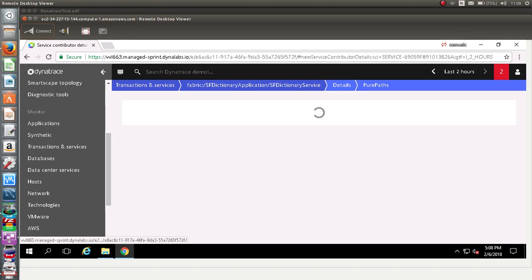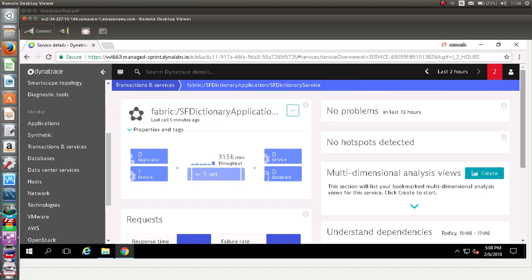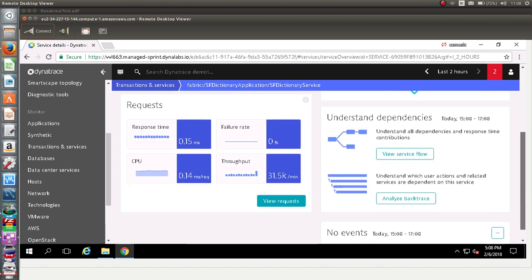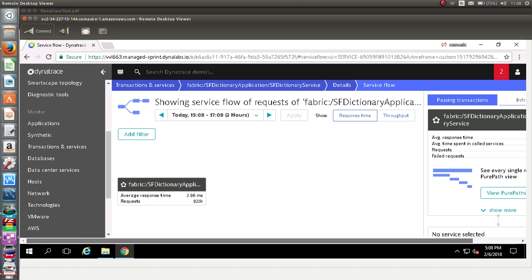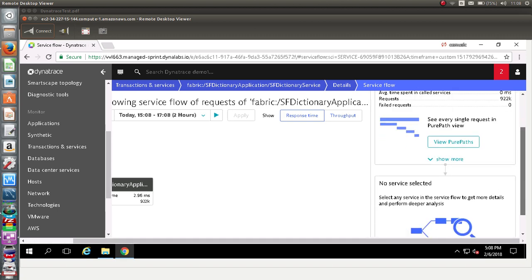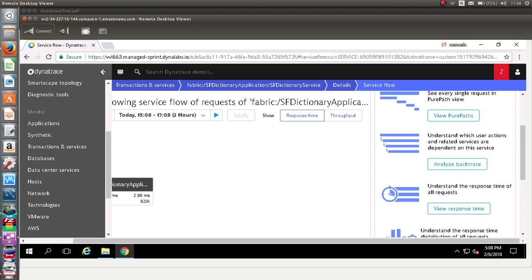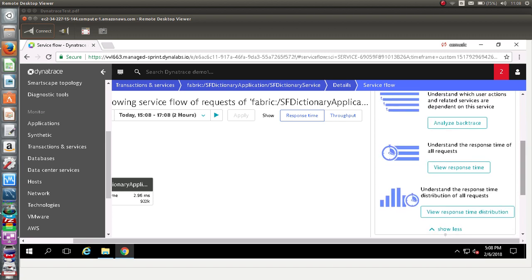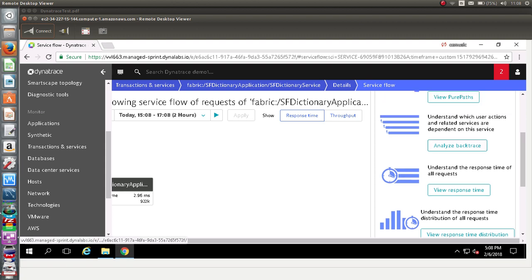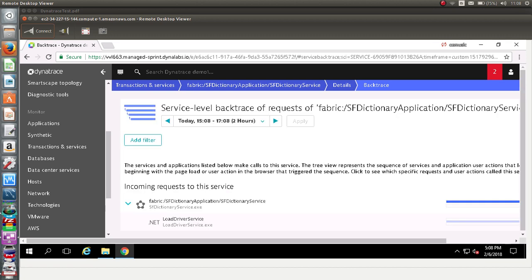Also, we can do a backtrace analysis. For example, you can do a backtrace to see who is calling this service.